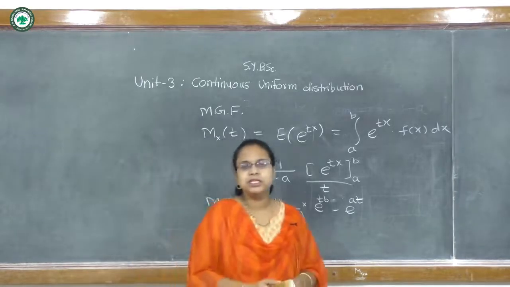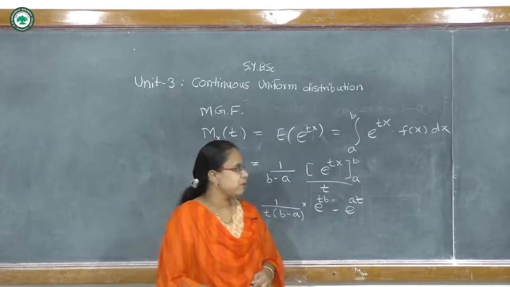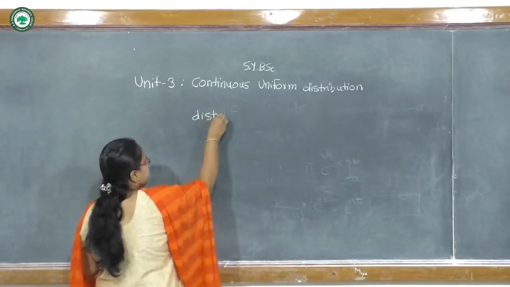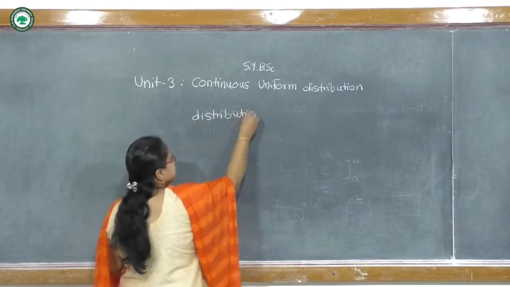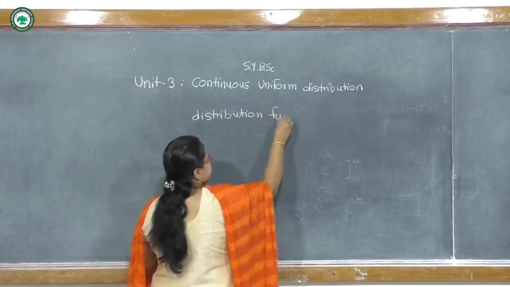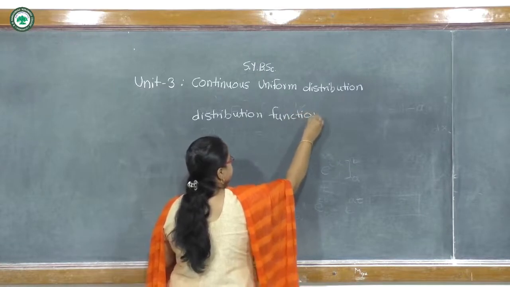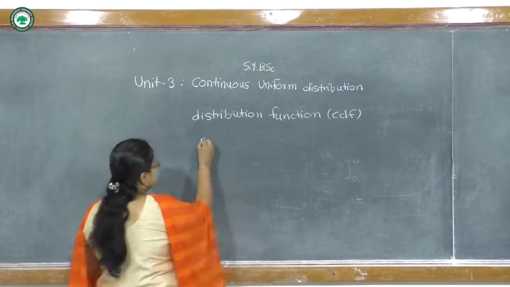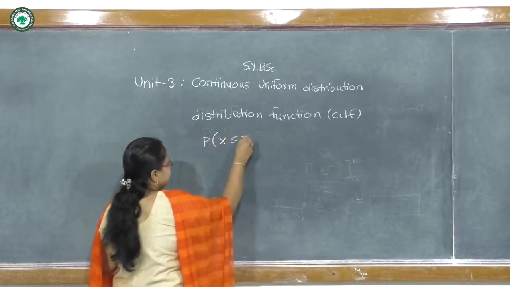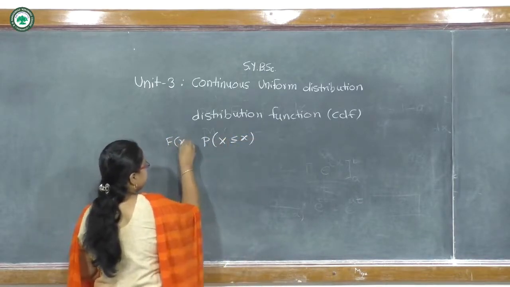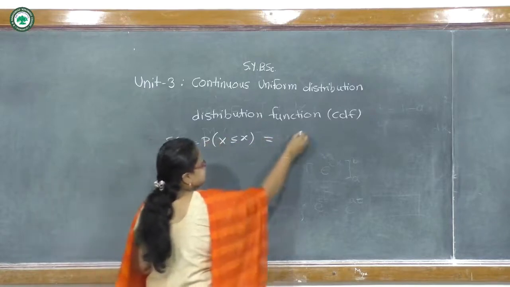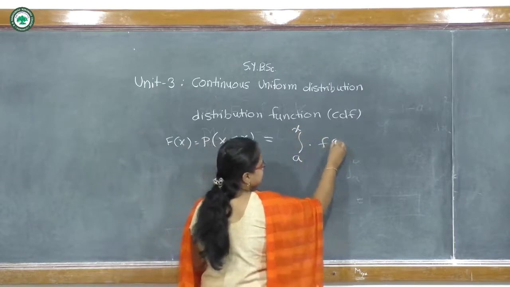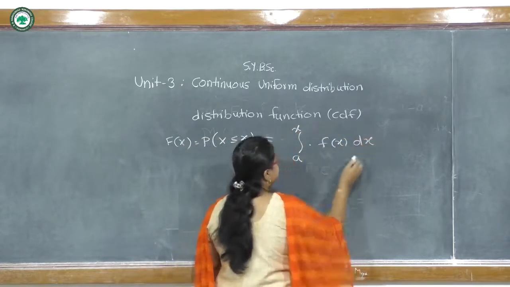Then the next point is the distribution function, meaning the CDF of the uniform distribution. So by definition, integration from the lower limit up to the point x, f of x dx.